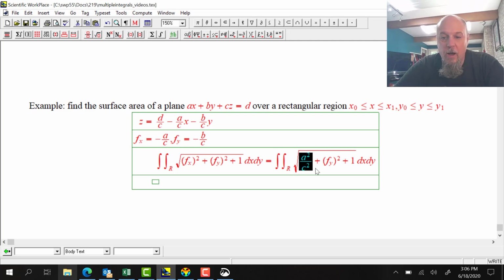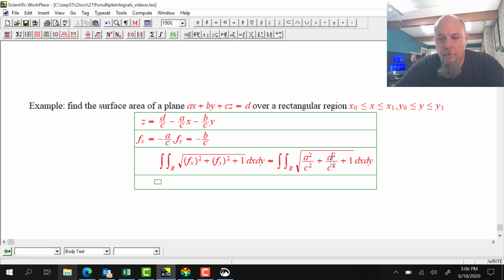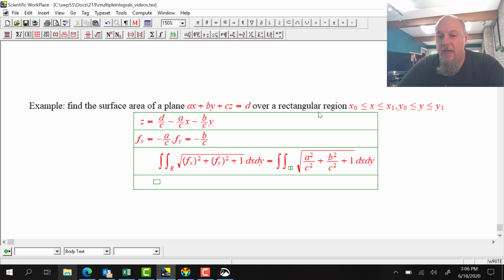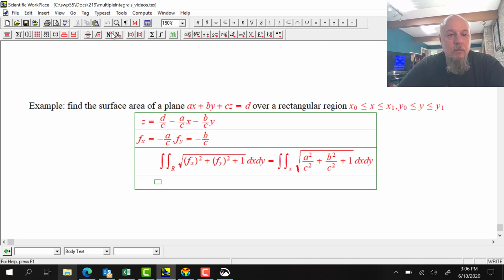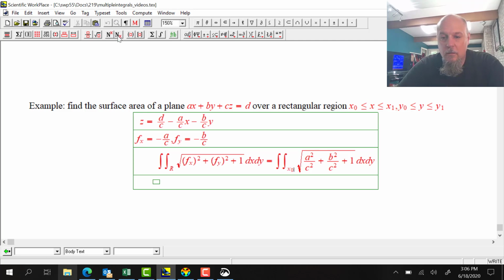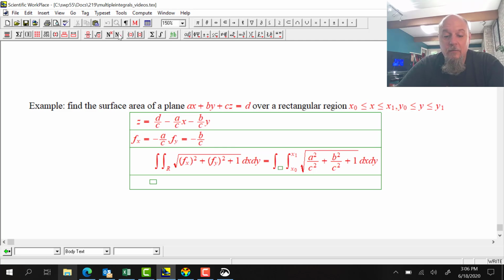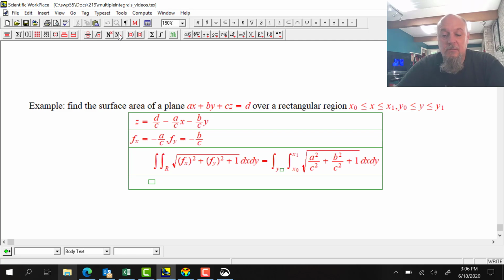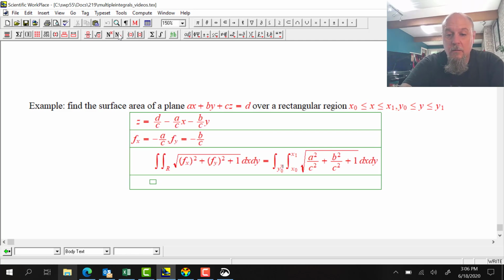And when I square the y, it's going to be b squared over c squared. All right, it's a rectangular region, so this is nice. X goes from x0 to x1, y goes from y0 to y1. So a nice rectangular region. This doesn't look too bad.